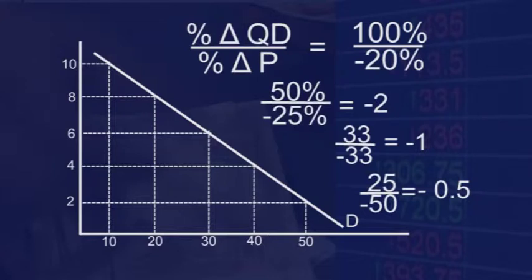If it's less than 1, it's inelastic. As we move down this demand curve, we move from an elastic demand to a more and more inelastic demand. So we've established an idea now about the elasticity of demand. How could we use that?